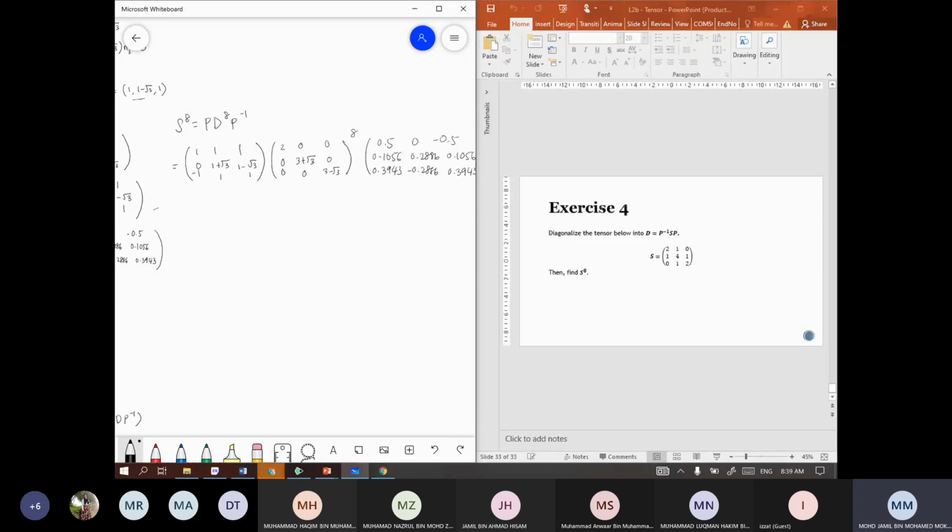So if D is power of 8, you just power all of the elements because it is a diagonal matrix. So this will become 2 power of 8, 256.